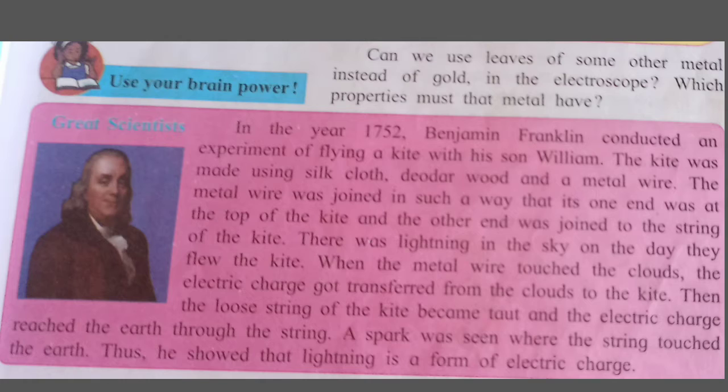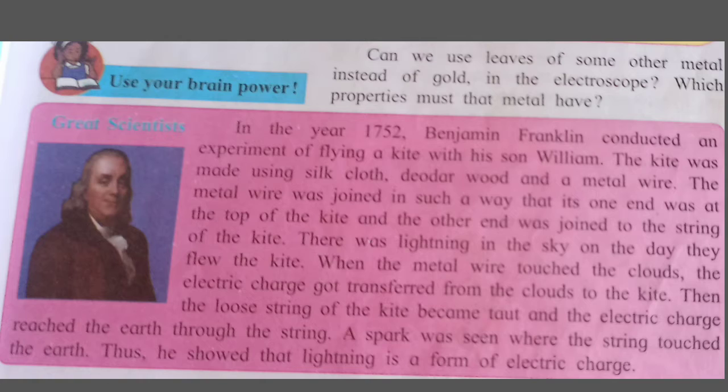There was lightning in the sky on the day they flew the kite. See, there was lightning on that day, and that day they decided to fly the kite. When the metal wire touched the cloud, the electric charge got transferred from the cloud to the kite.